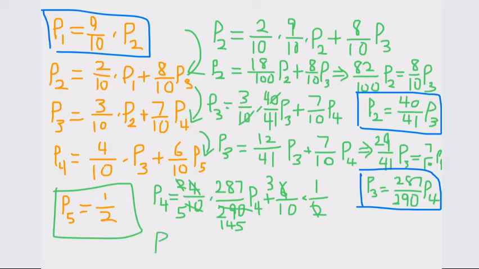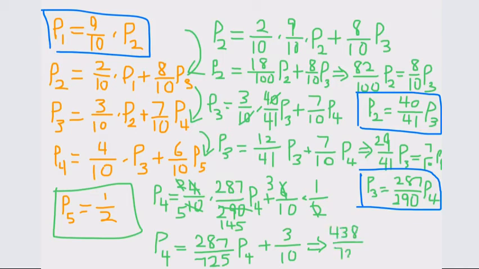So p4 equals 287 over 5 times 145, so that's 725 p4 plus 3/10. If we subtract 287 over 725 p4 from both sides, 725 minus 287 is 438 over 725 p4 equals 3/10. So we essentially have p4.